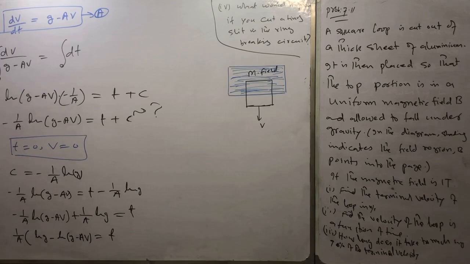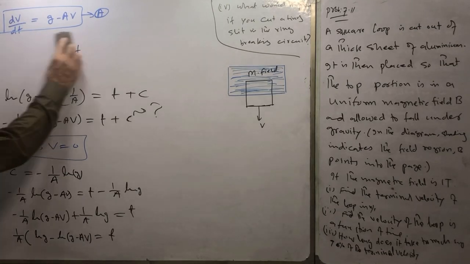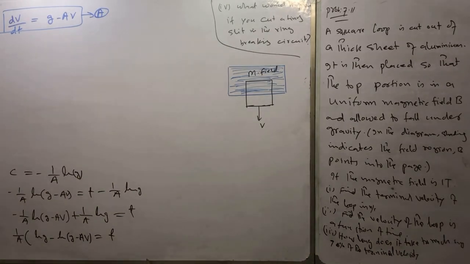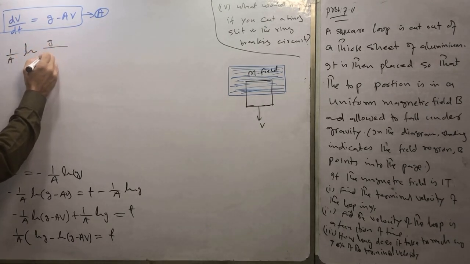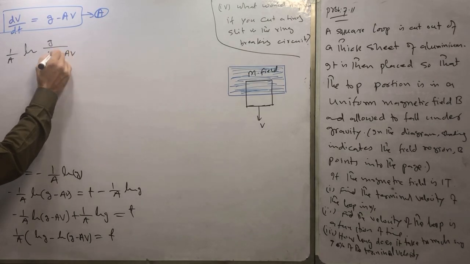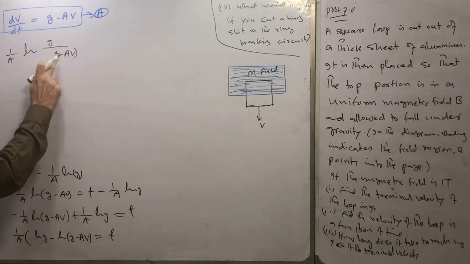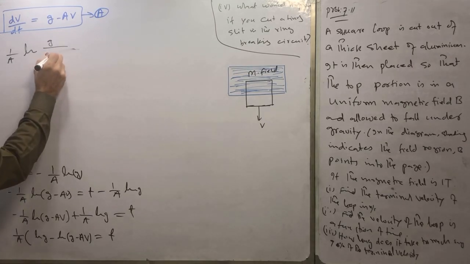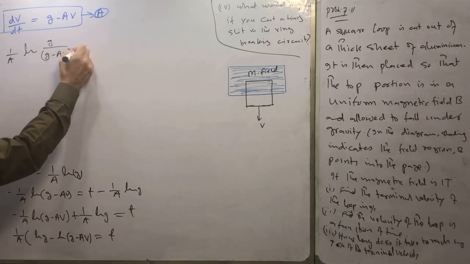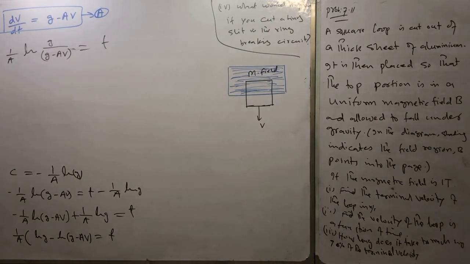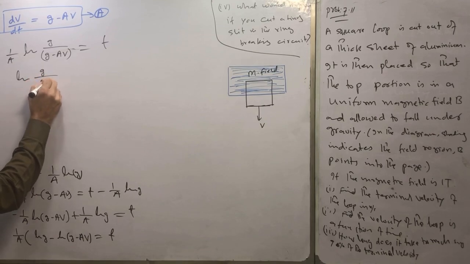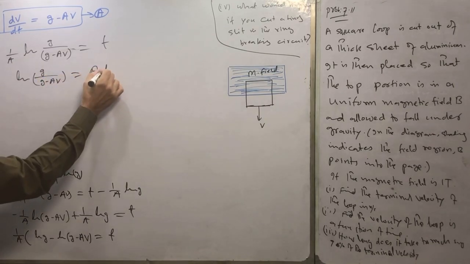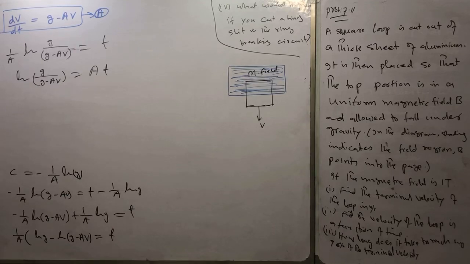By the rules of logarithms, ln(g/(g − av)) = at.